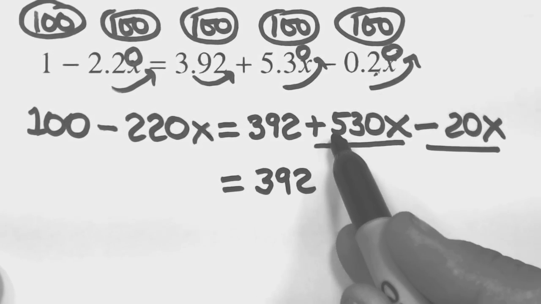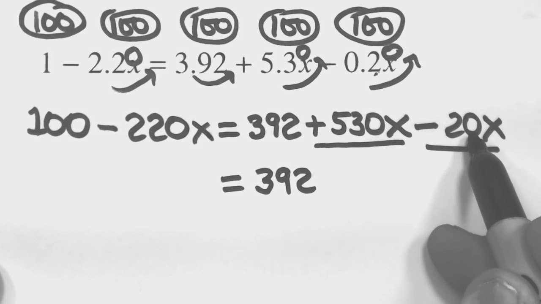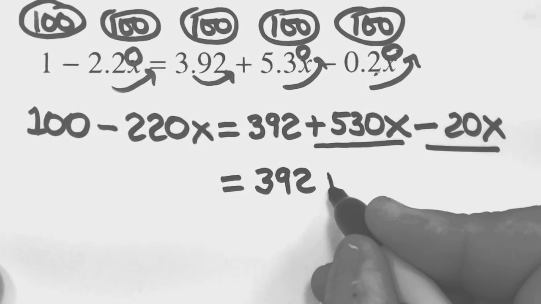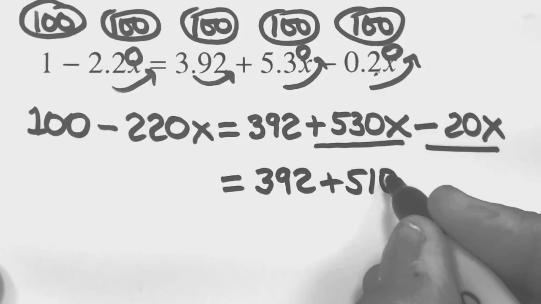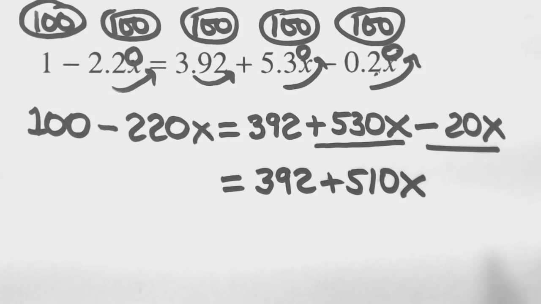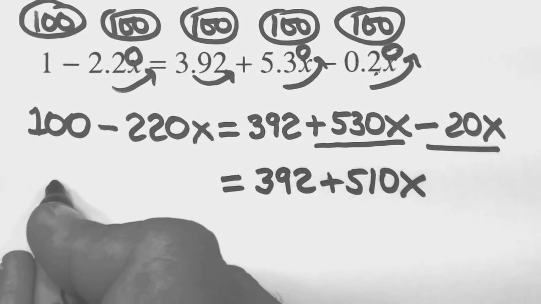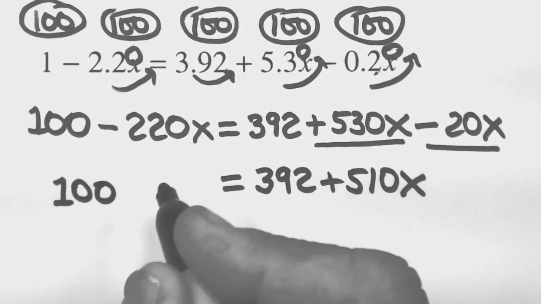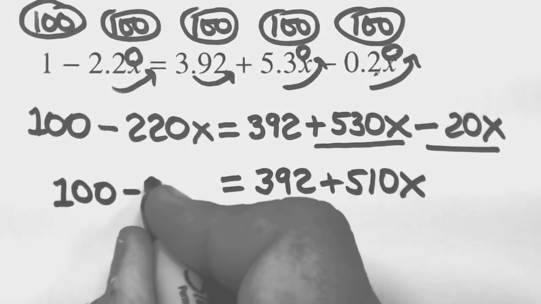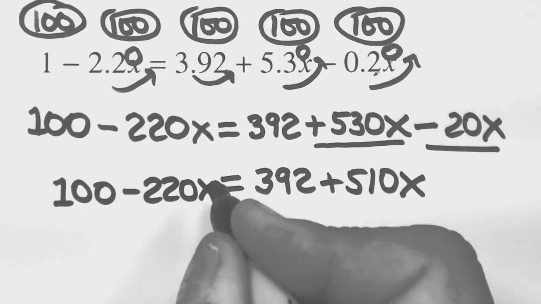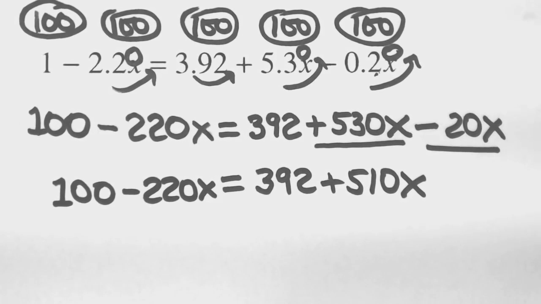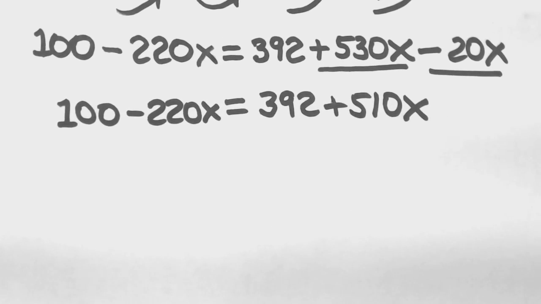But plus 530x minus 20x, positive wins by 510x. Okay, on the left side, we just rewrite it exactly the way it is. 100 minus 220x. Okay, well, we've done all the cleaning up we can.